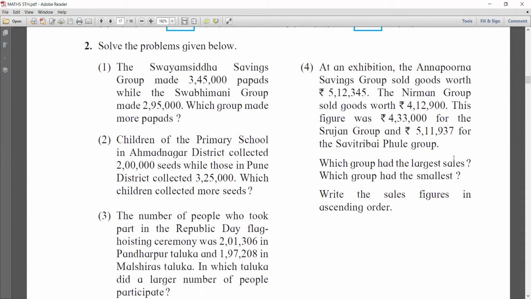I will write it on the board and show you. Exercise number 2, sum number 1.